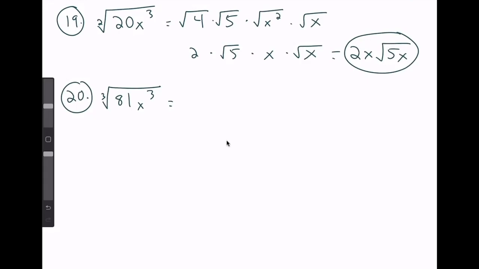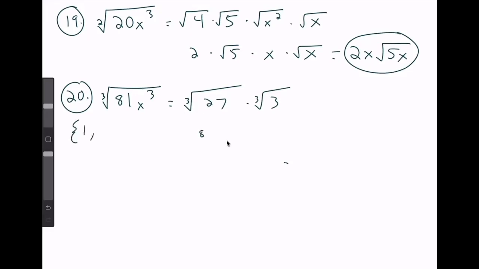So if I'm looking at this, I can break this down. And if I find the cube root of 27 times the cube root of 3, if we're listing all the factors of 81, that's actually one of them, right? So let's say the factors of 81.